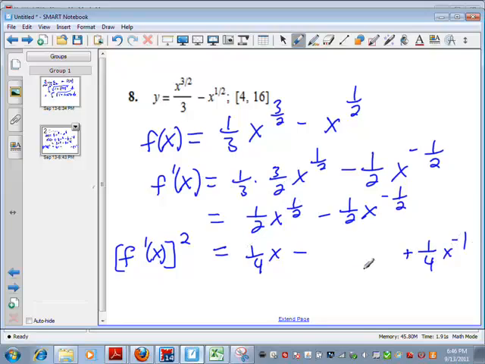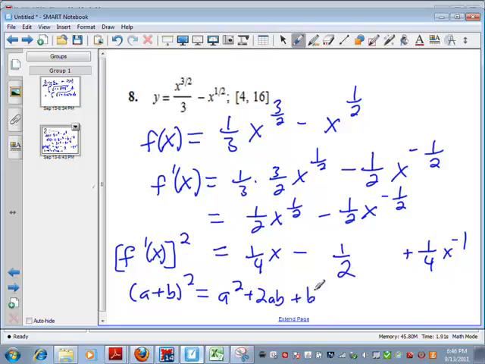What's in the middle? Right, a plus b squared is a squared plus 2ab plus b squared. When you square a plus b, and this is just Pascal's triangle, you get a squared plus 2 times this times that plus b squared. So x to the 1/2 times x to the minus 1/2 is 1, times 1/2 times 1/2 is 1/4, but then you multiply by 2 and that's 1/2.